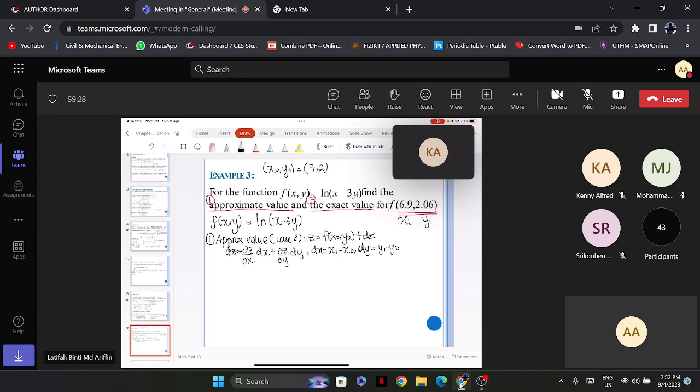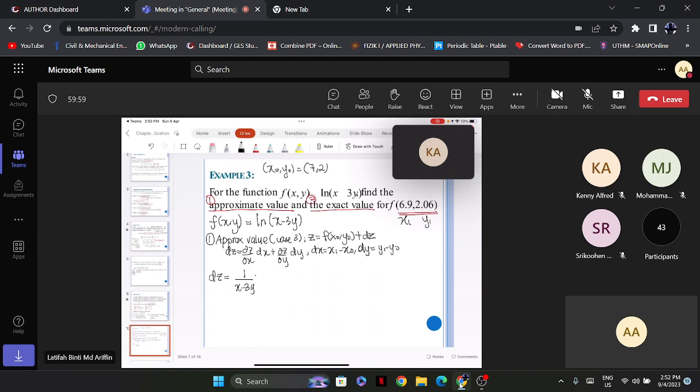Now we want to find the approximate value. So first we have to find dz. What is del z over del x? Differentiating ln(x minus 3y), you will get 1 over (x minus 3y) times 1, since differentiating x minus 3y gives 1, then multiplied by dx.